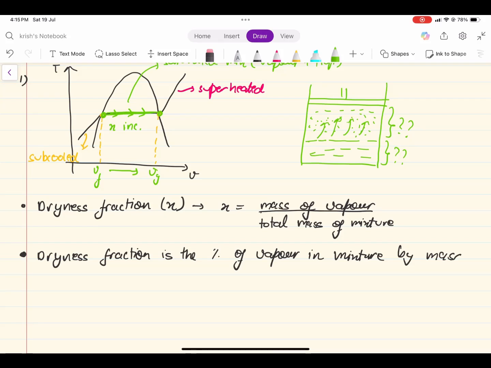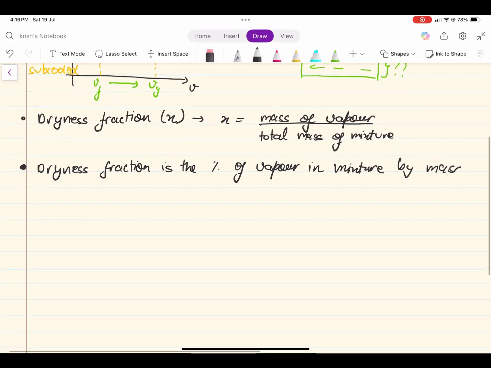So your mass of vapor increases, but as mass is conserved inside the whole container, the total is constant. Therefore, your x has no choice but to increase, not decrease, increase. And one more thing, obviously, since it is a percentage, x is always between 0 and 1.